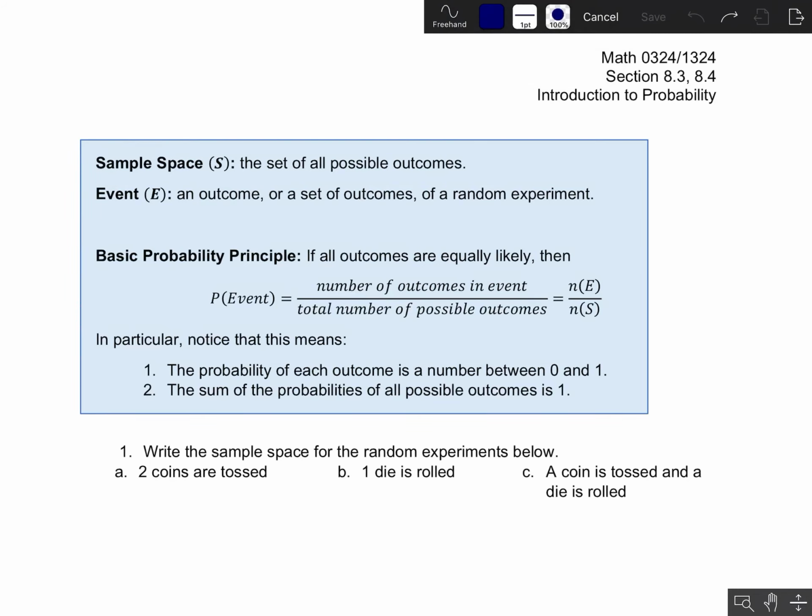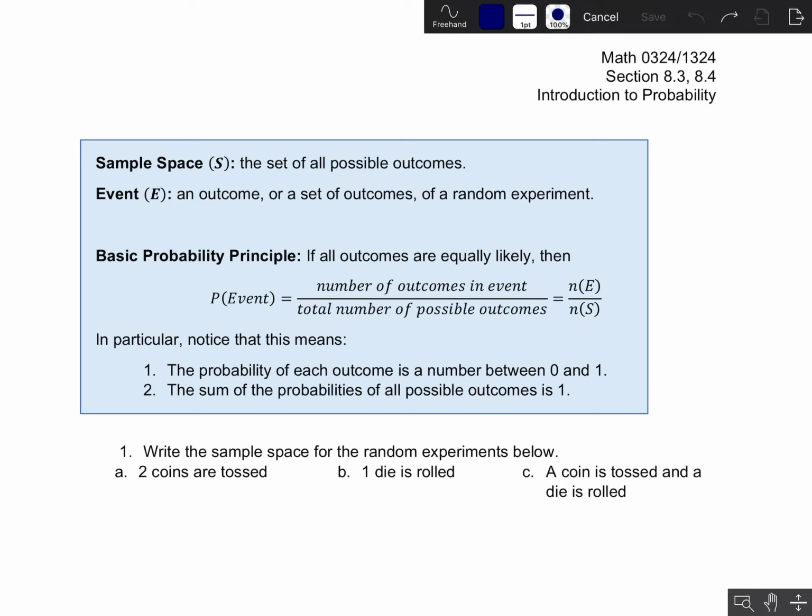And here we have this basic probability principle that says that if all of the outcomes that you're describing are equally likely, then it's easy to compute the probability of a certain event occurring in a single instance of your experiment. You just need to take the number of outcomes in the event and then divide by the total number of possible outcomes. So you would take the number of outcomes in E, your event, divided by the number of outcomes in your sample space.